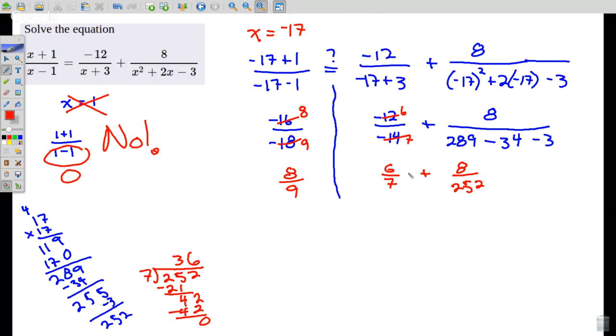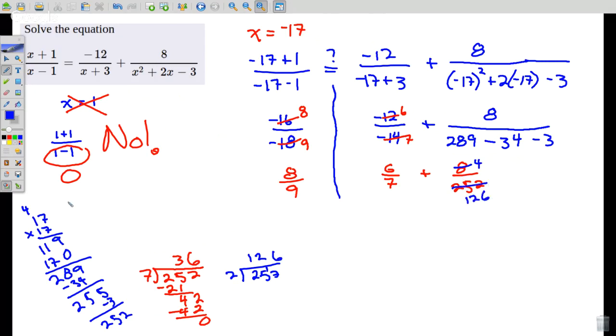All right, so that means to add these two, that reduces, doesn't it? Let's reduce it first. 2 goes into 8 4 times, 2 goes into 252 126 times.